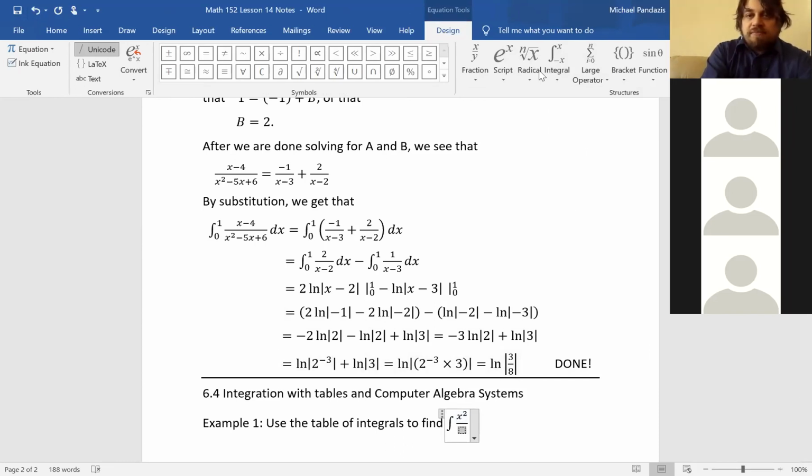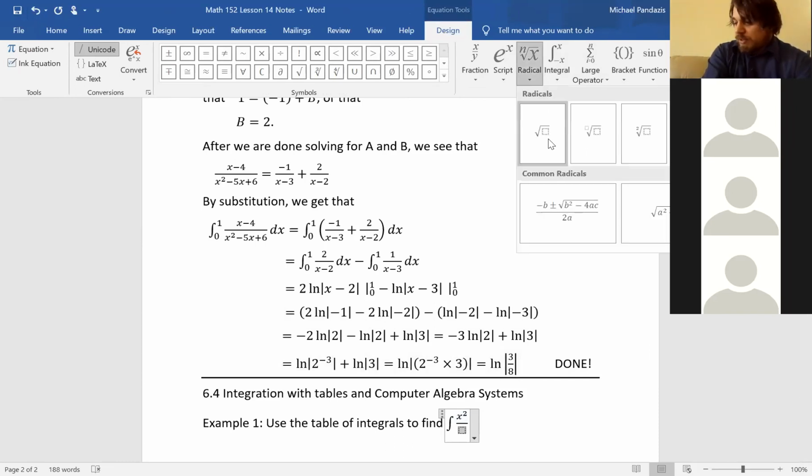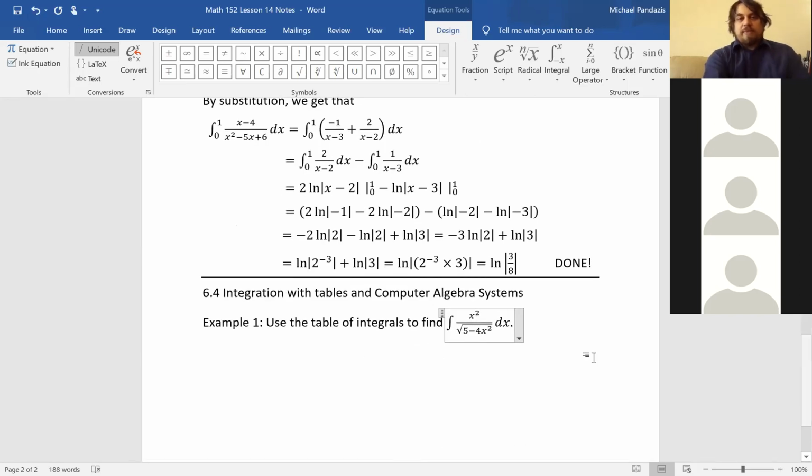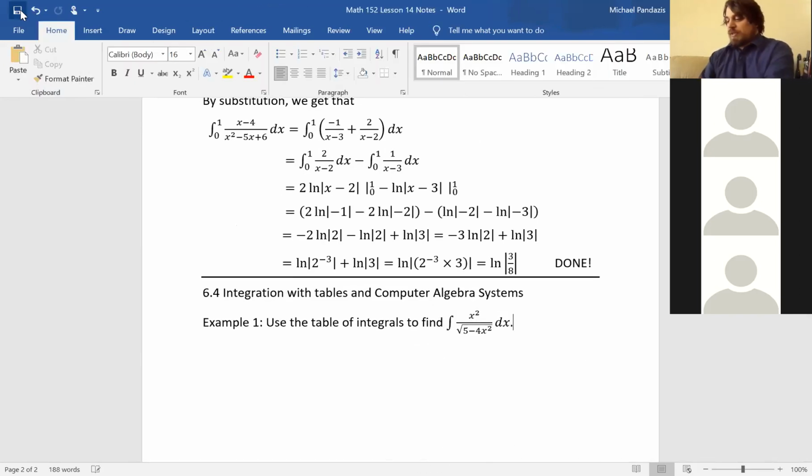I don't really like this section that much. So you have the integral of x squared over (5 minus 4x) squared. I guess the skill of being able to look something up and reference something is important, but it's not really an independent thought to look at a table and read what it says.